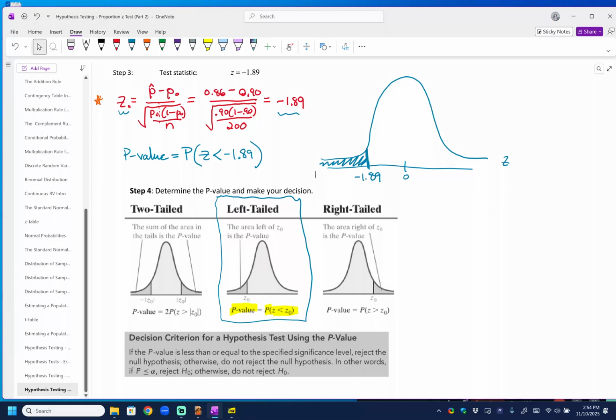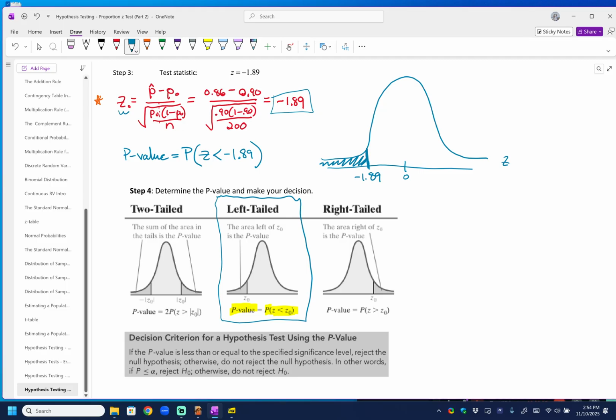So just so you realize, when we use the p-value approach, we're no longer taking our value of z and sticking it in our back pocket and saving it for later, going on to work on rejection regions and so forth, and then bringing it back into play. When we do the p-value method, we immediately take our test statistic, throw it on the graph, and determine the proper area that the p-value requires.